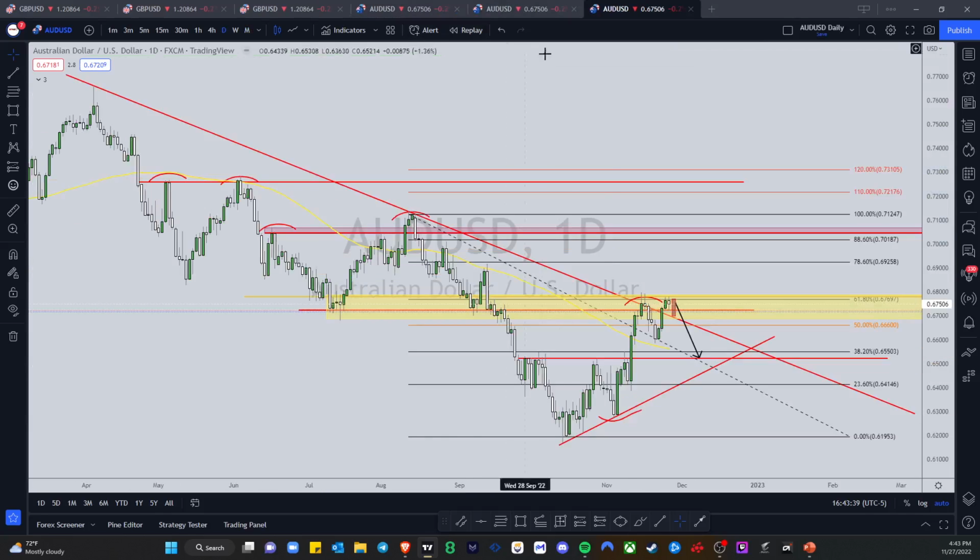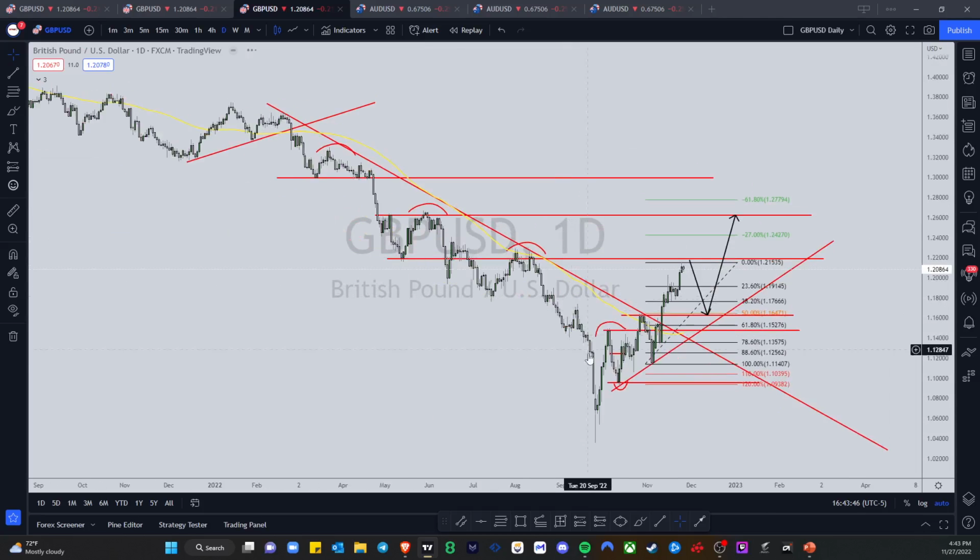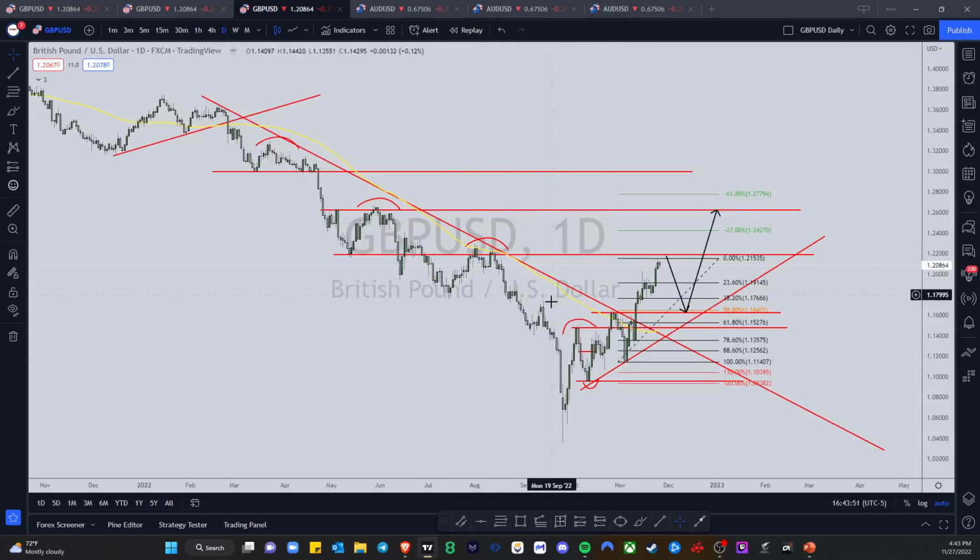with AU. So now we're gonna go to GU. Alright, so GU is almost the same thing right now. GU is not showing bearish, it's more like bullish, right?